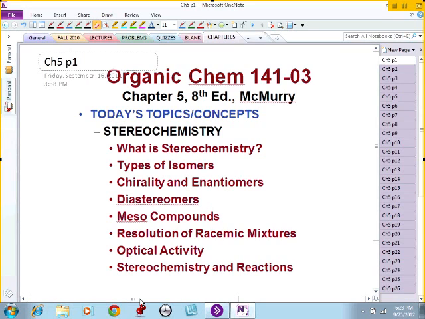In today's session, we are going to continue the discussion on stereochemistry, which is in chapter 5 of your book. When we left on Thursday, we started the definition of stereochemistry, and then we gave you some table on the different types of isomers, and then we defined chirality centers and enantiomers.